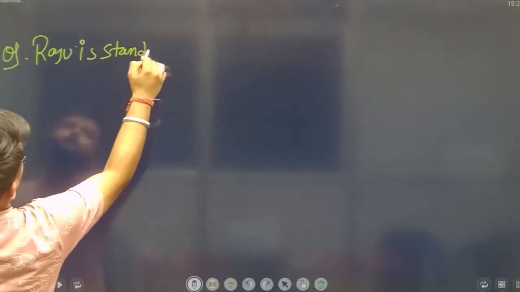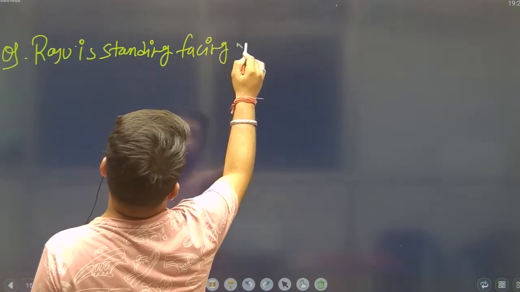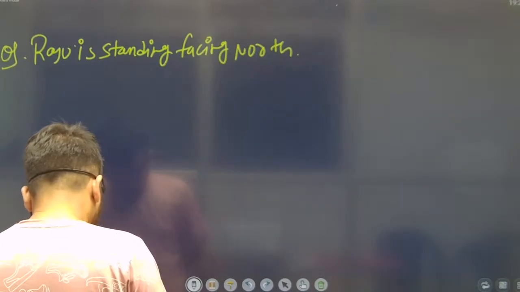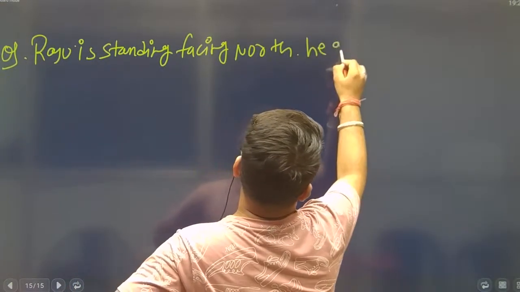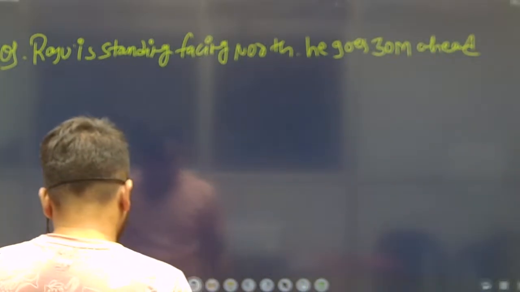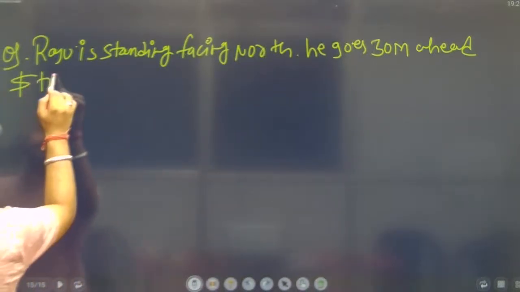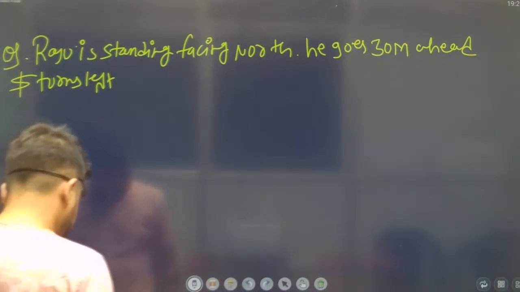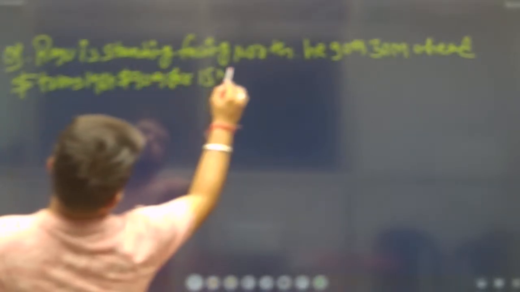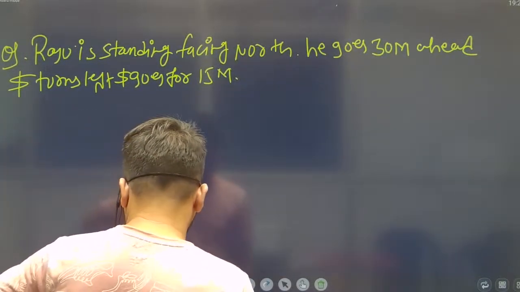Raju is standing facing north. He goes 30 meter ahead and turns left, and goes for 15 meter.